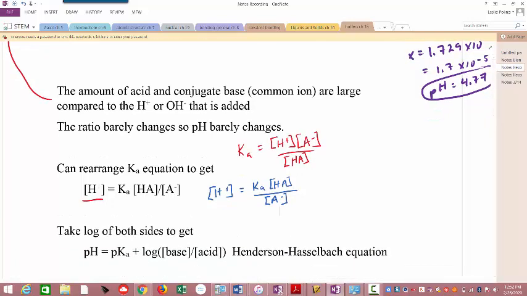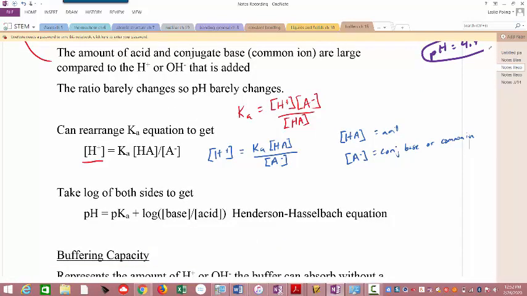Okay? So notice that HA is the acid and A minus is the conjugate base or common ion.